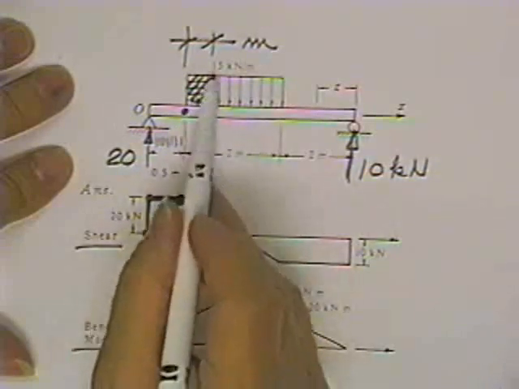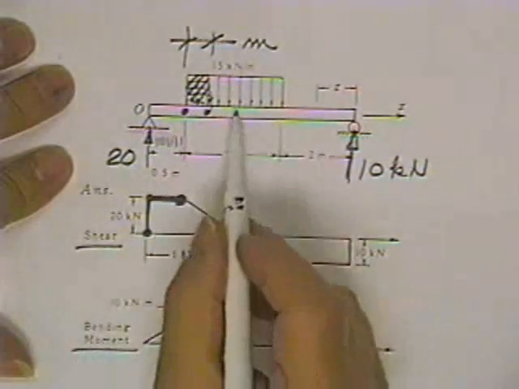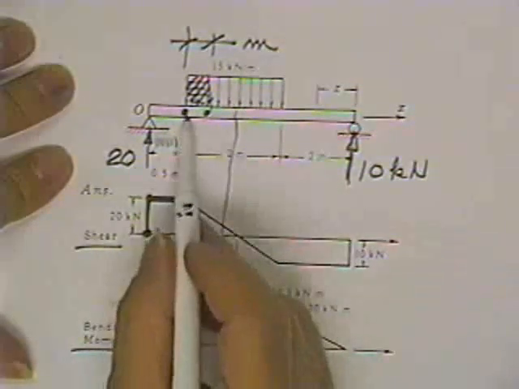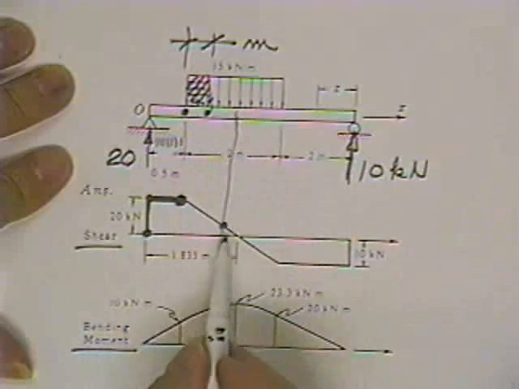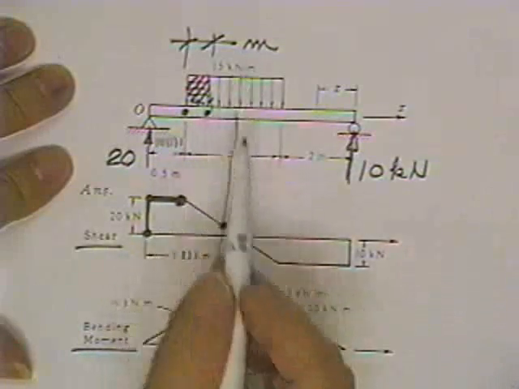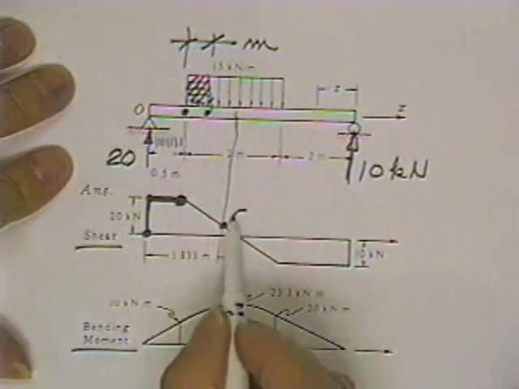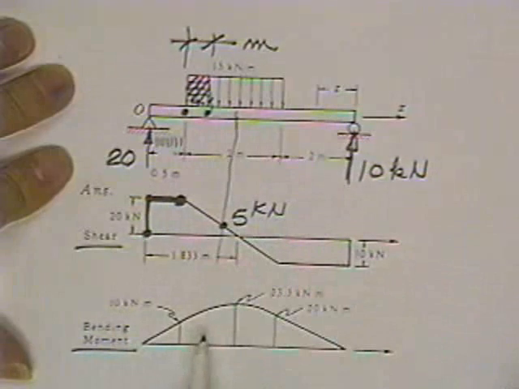Well, the amount we go down is 15 kilonewtons every time we move 1 meter. Well, this looks like about 1 meter right here. So as we go 1 meter from here to here, we are supposed to be 15 kilonewtons lower than we used to be. We used to be at 20, so that means we're now at 5 kilonewtons.